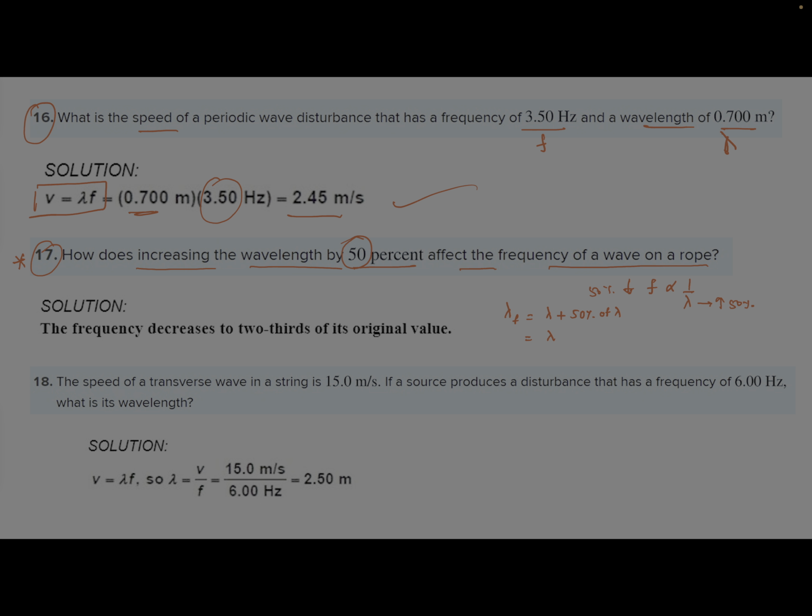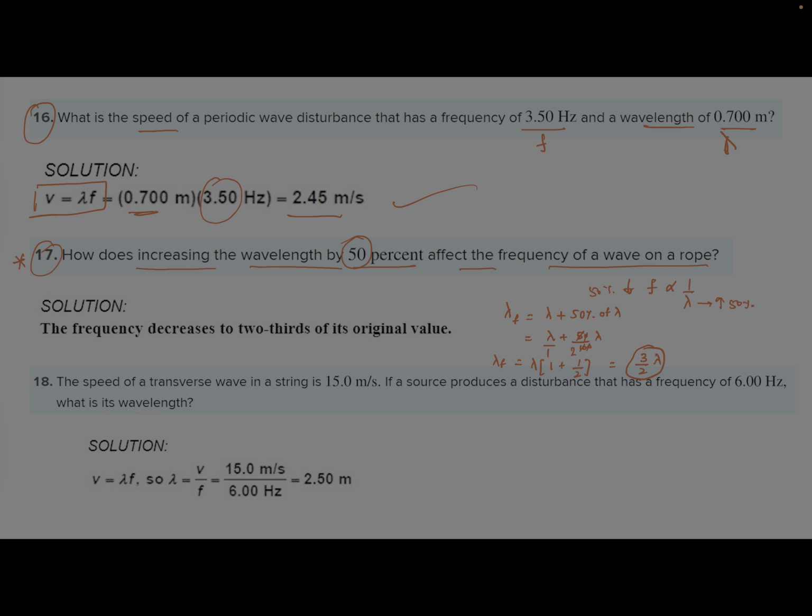So lambda plus 50% means 50 over 100 lambda, correct? So when you solve this, what will you get? Here is 1. So if you take lambda common, here it will be 1 plus 1 over 2, correct? So when you add all this, you will get 3 by 2 lambda. Means your lambda final, when it is increased 50%, is 3 by 2 lambda, okay?